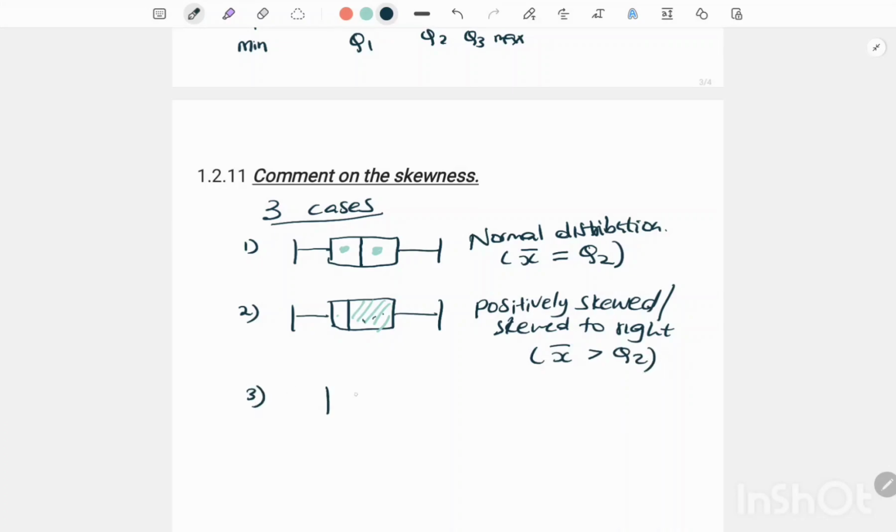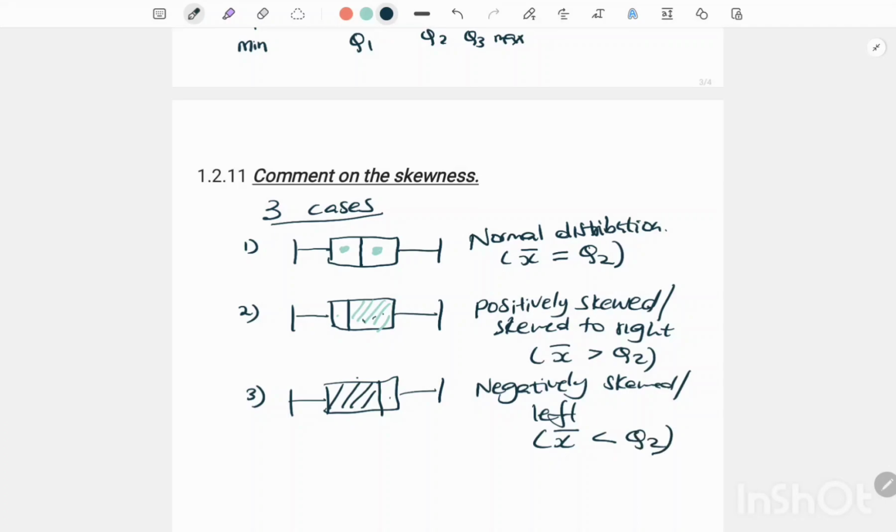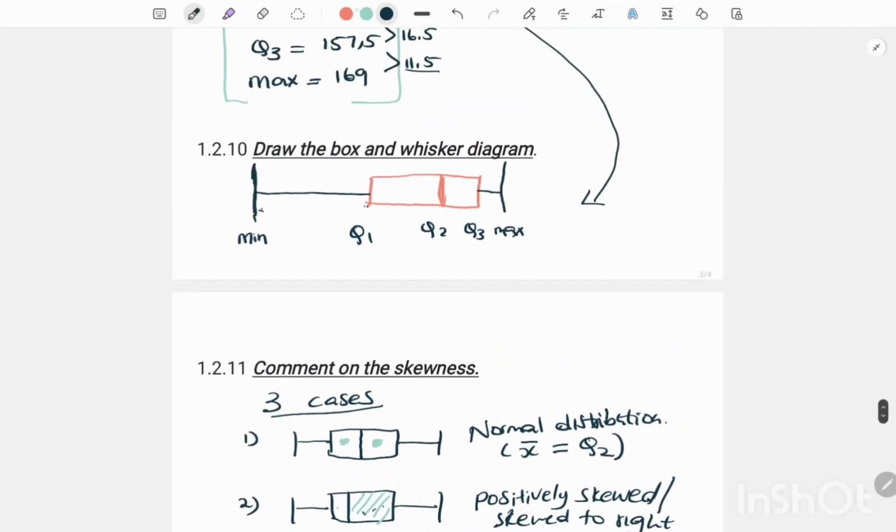Then the last scenario, when this box on the left is bigger than this one on the right, we say it is negatively skewed, or skewed to the left. Then that is when the mean is smaller than the median. So in our case, check our box. This box on the left is bigger than the one on the right. So in this case, we say it is negatively skewed.